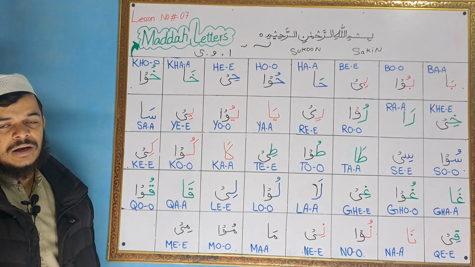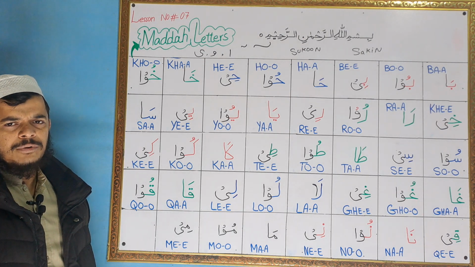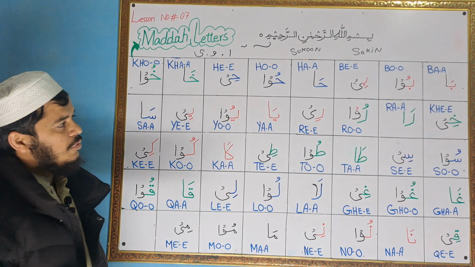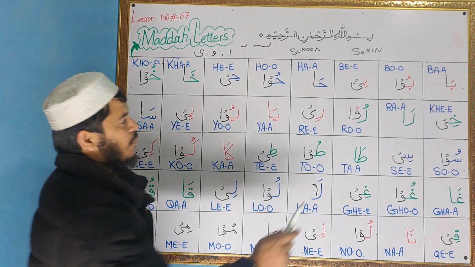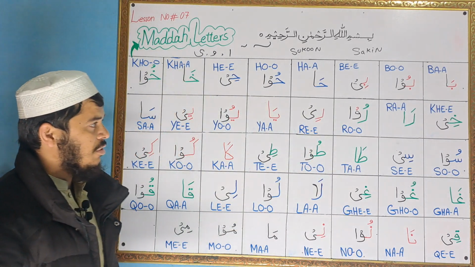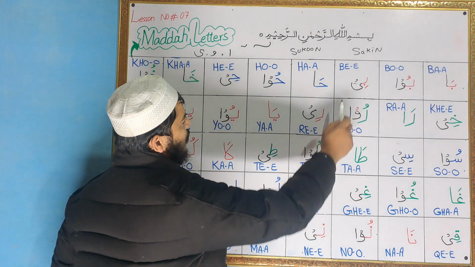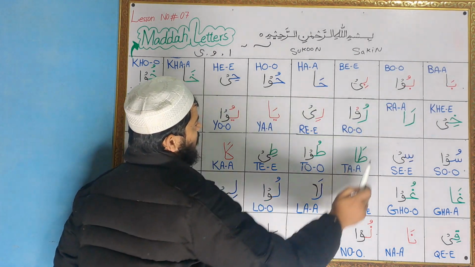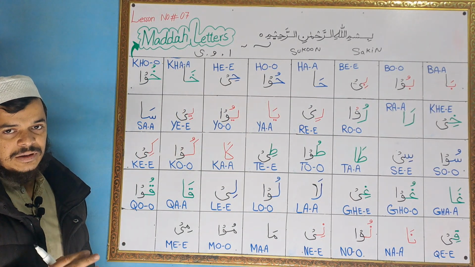In Uthmani script, which I think Arab people mostly use, you will not see the sukoon sign coming after dhamma or after kasra. Actually in Uthmani script, if ya comes after kasra without sukoon, and waw comes after dhamma without sukoon, we take it as a Maddah letter.